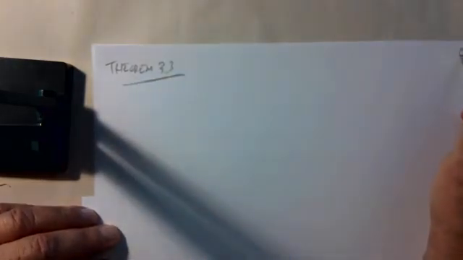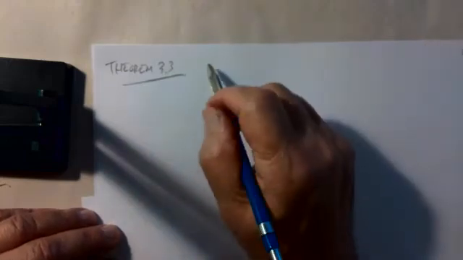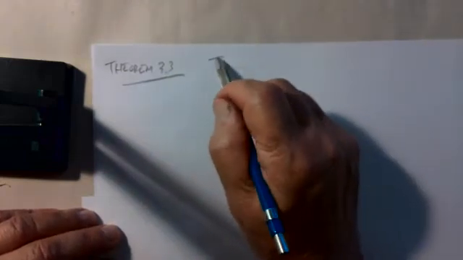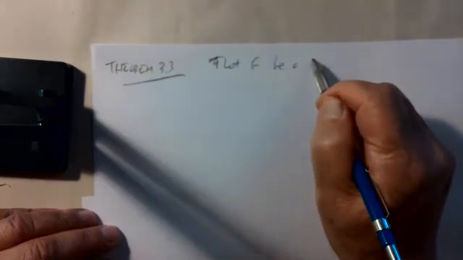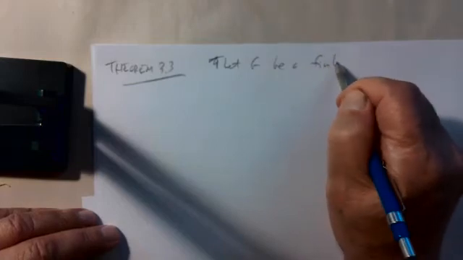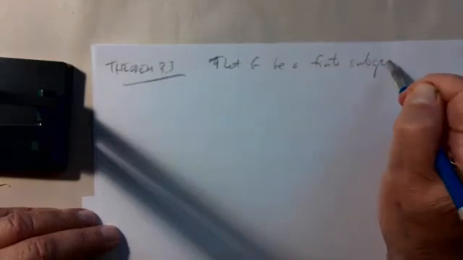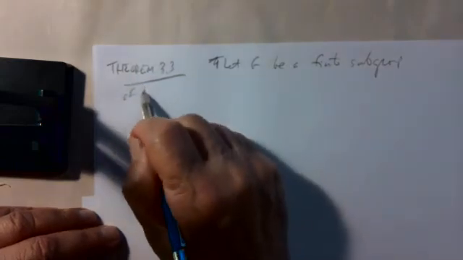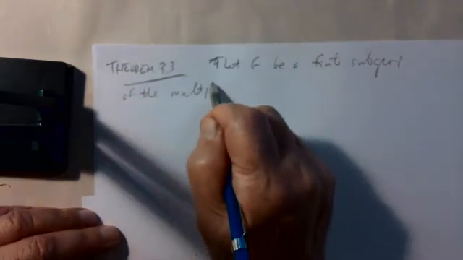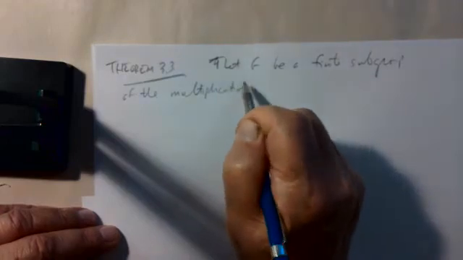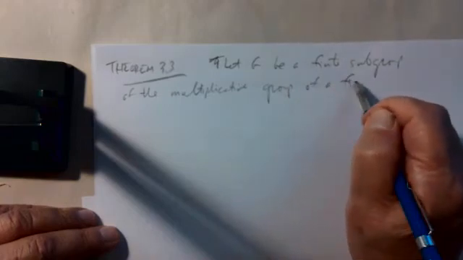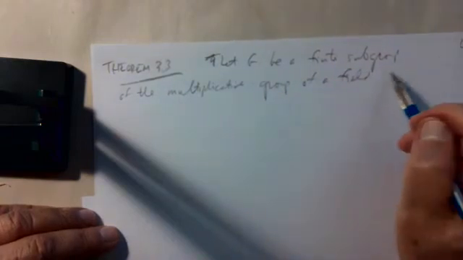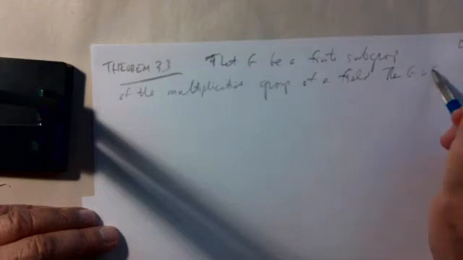Theorem 3.3, which says that let G be a finite subgroup of the multiplicative group of a field. Then G is cyclic.